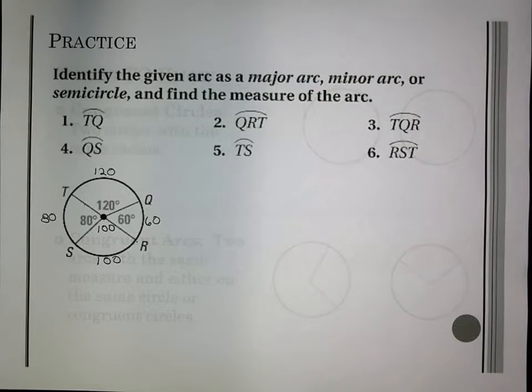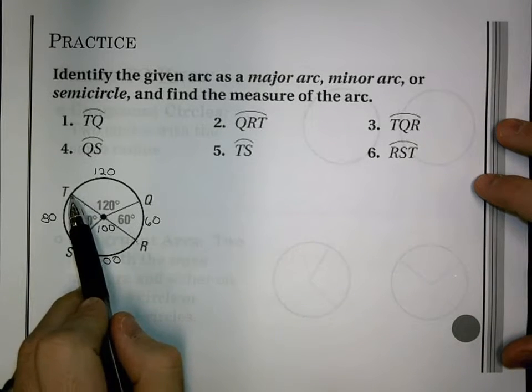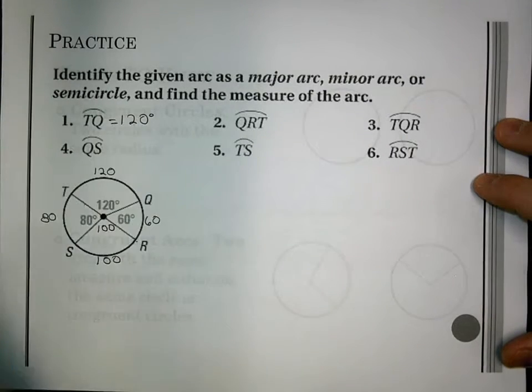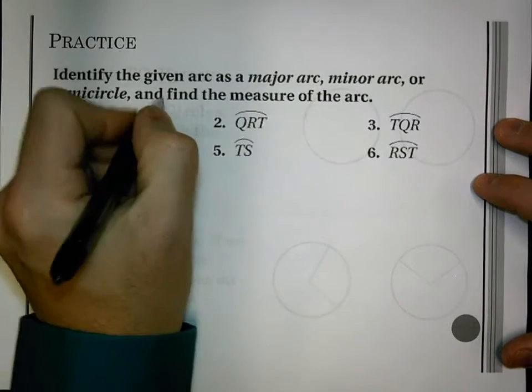Now I know all the information, and now it's just identifying which ones I need as I go. So we start with TQ, T to Q, it's 120 degrees. That's less than 180, so that's a minor arc.